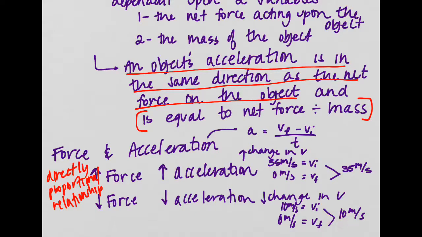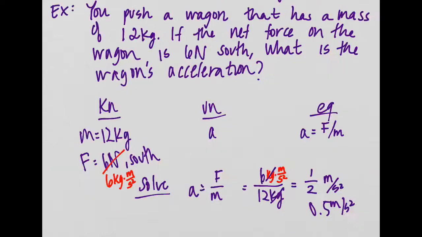So this is going to be an acceleration of 10 meters per second squared versus an acceleration of 35 meters per second squared. So this is an increased acceleration, right? It has a larger change in velocity, therefore it has a larger acceleration, therefore it has a larger force. Okay? All right, so this is a directly proportional relationship. If you want to increase the acceleration, you have to increase the net force.